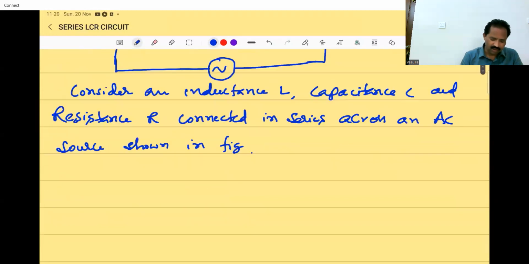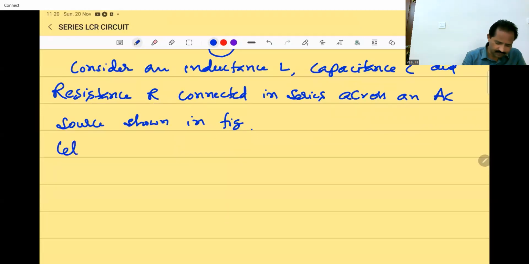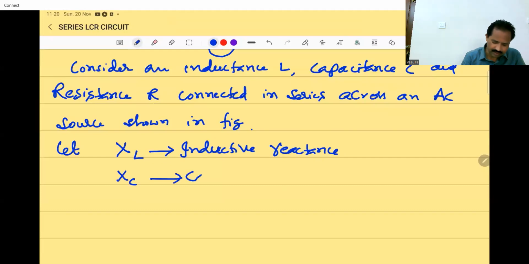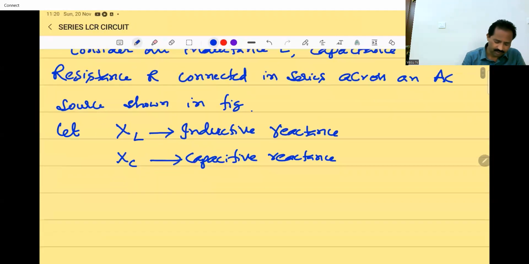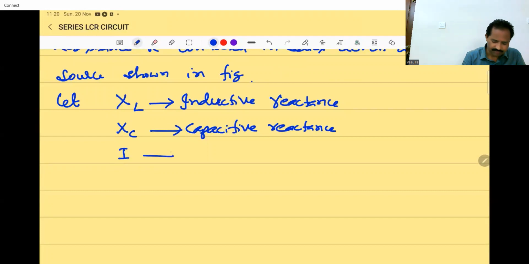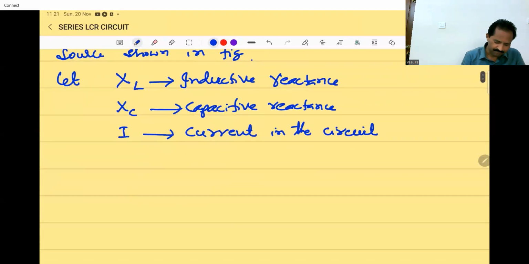Now let XL be the inductive reactance, XC the capacitive reactance. I means current in the circuit. V is the applied voltage.